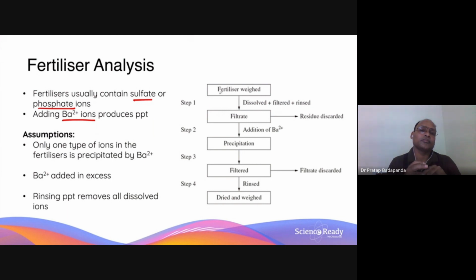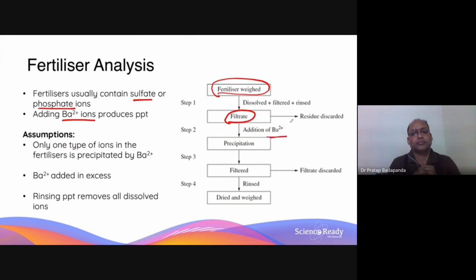First of all, the fertilizer that we want to analyze is weighed and dissolved in water. Some components of the fertilizer are not soluble in water, so they are filtered before continuing to the next step. The filtrate, which now contains the sulfate or phosphate ions, is treated with excess barium ions.